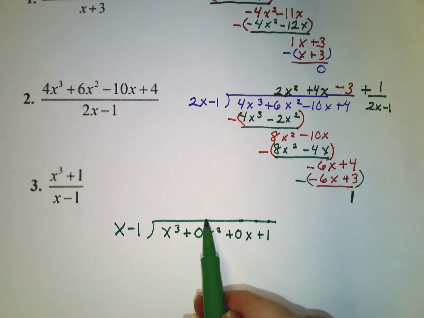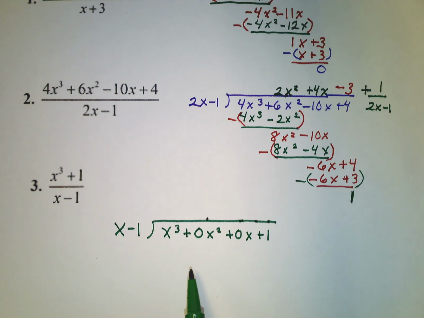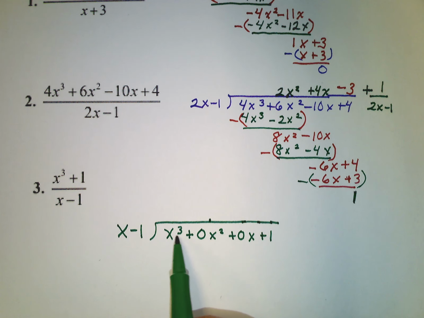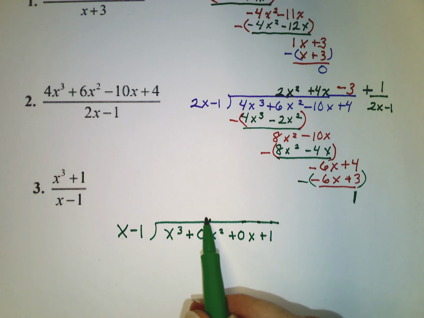So we have two terms into two terms. First answer is going to go there. If we divide the first term here into the first term here, x divided into x to the third, or you can say, what do you have to multiply times x to get x to the third? We need an x to the second.